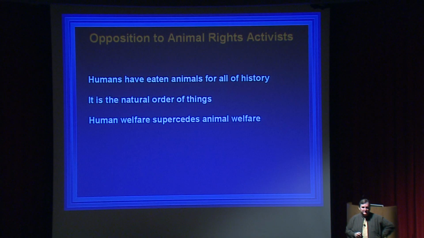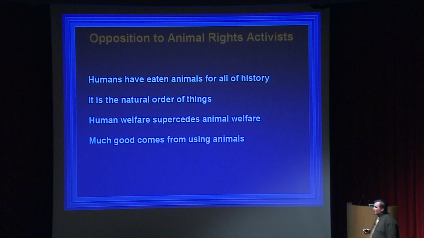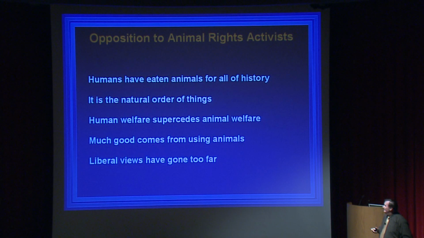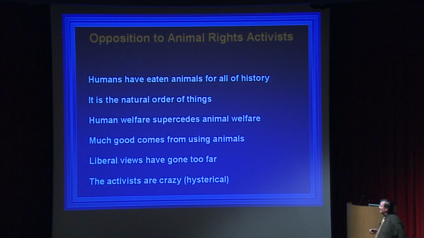They make the case, and not all, but some of them make the case that humans have more rights than animals do here, and it's part of the food chain thing. That much good comes from using animals. That is, human subsistence is a social good here. And there are many people who make their livelihood from raising animals, and many people who are in the economic chain that supports that. They say the liberal views have gone way too far on this.